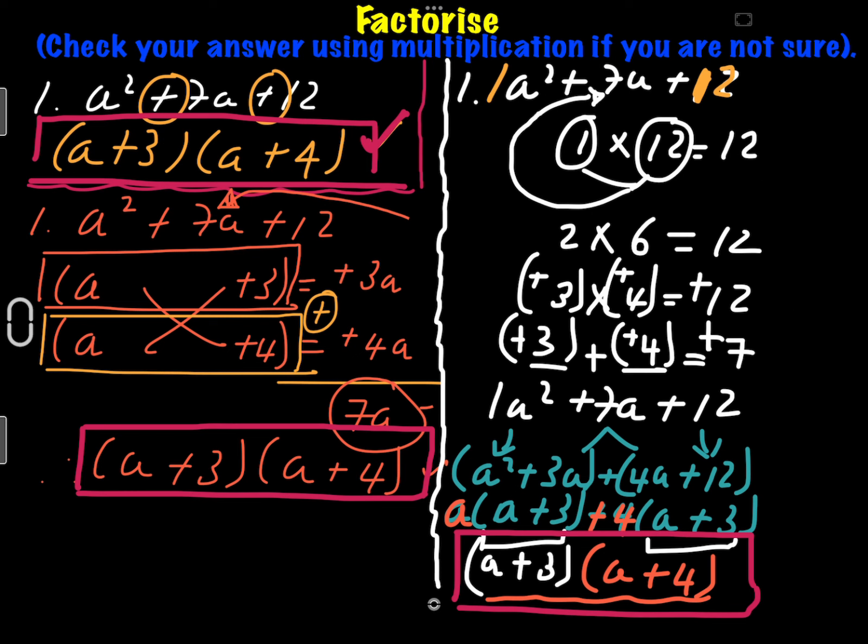And then on the second application, we have a plus 3 multiplied by a plus 4. Same answer. In our third application or third installment, we have a plus 3 multiplied by a plus 4. And there it is. And that brings us to the end of our first example.